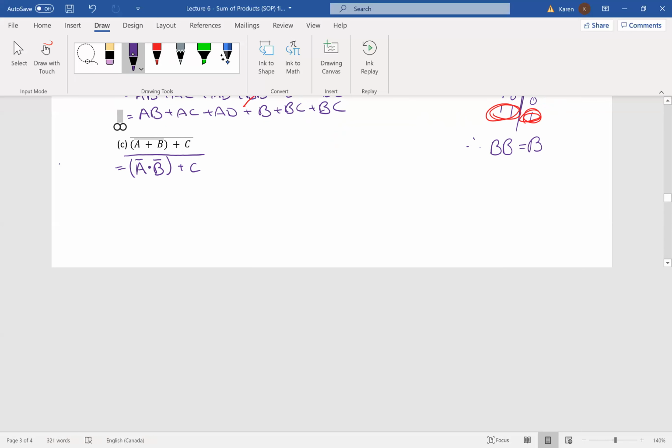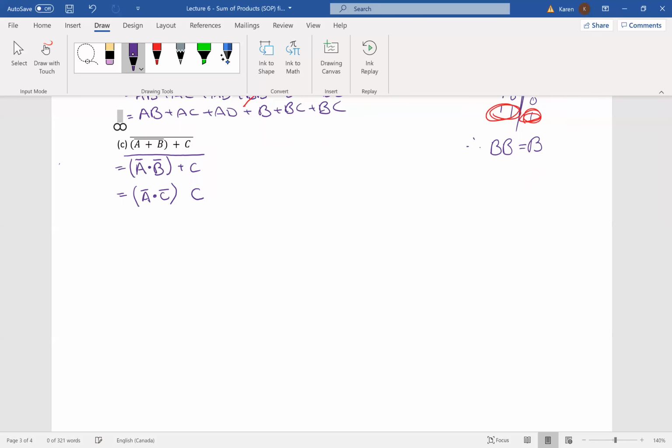And then my next step is to break up the next inversion, where one of the terms is literally this big expression and the other one is just C. I need to change the sign, and that means I can break up this overbar.